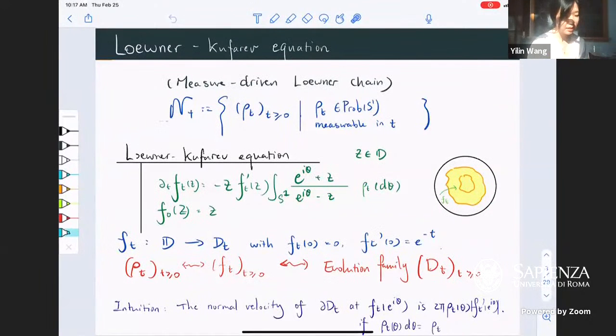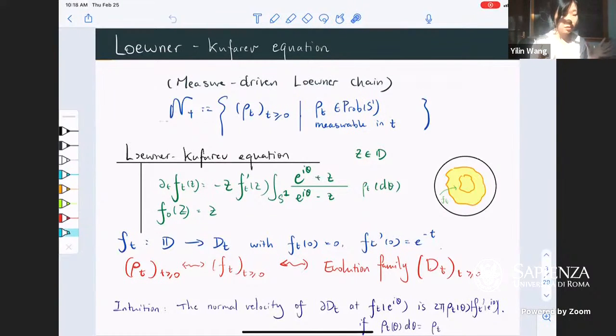So to describe our results, I will need this version of the Loewner equation. The setup is we start with a family of measures. So this denotes processes of measures where each rho t is a probability measure on the circle. And we only assume the dependence on t is measurable.